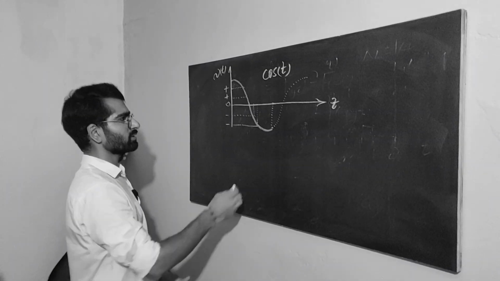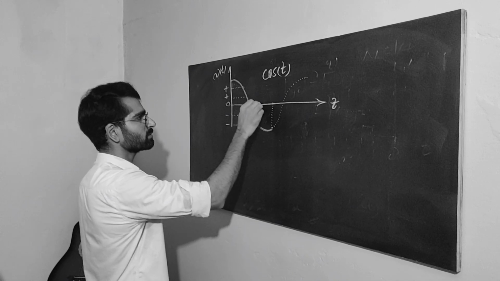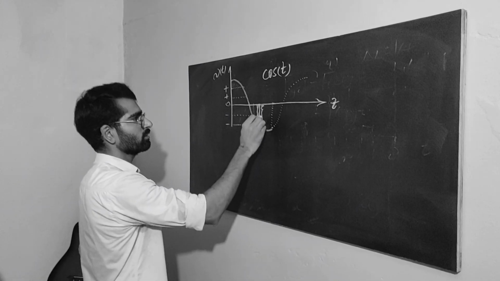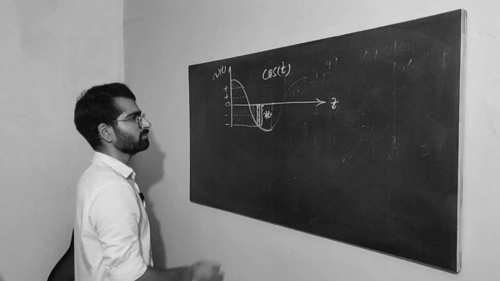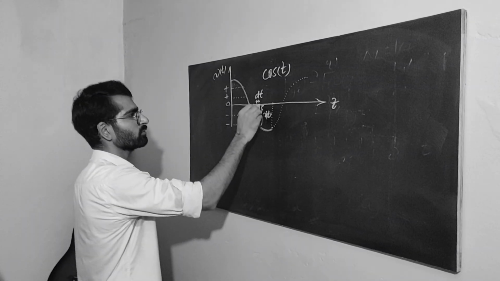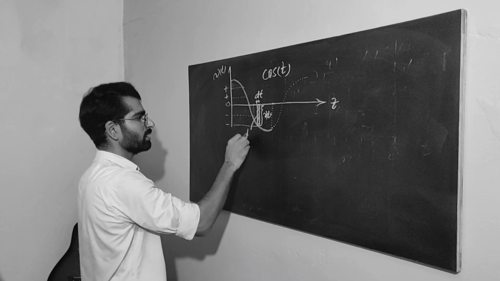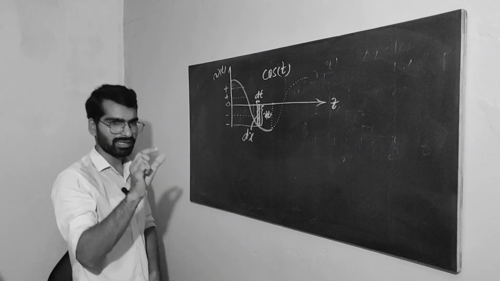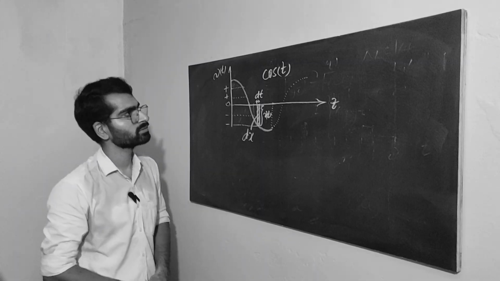And you can also see that in terms of those thin rectangles: velocity at this time times dt gives you this area, dx, that little bit of distance traveled.